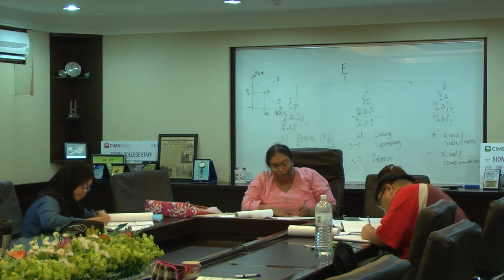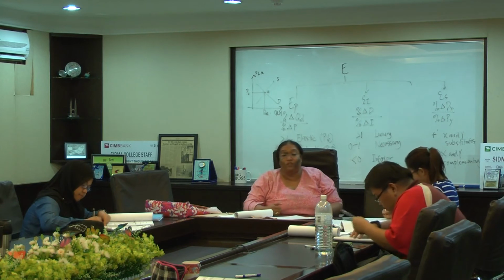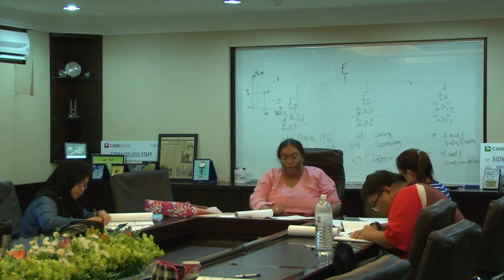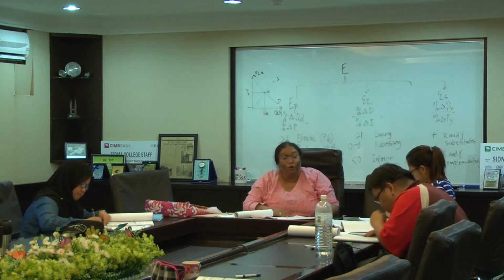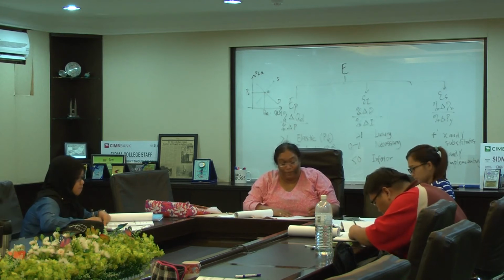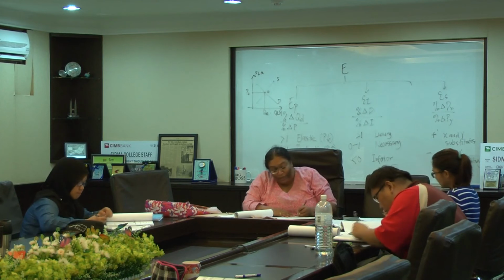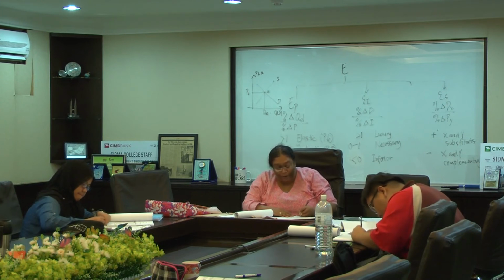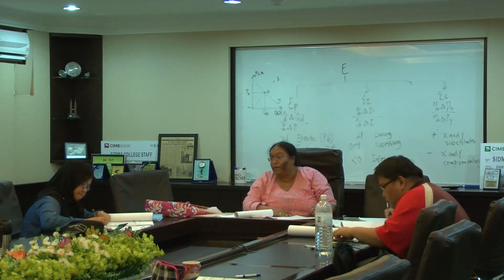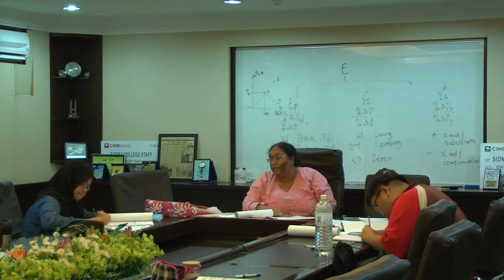Which one is more? Demand increase, right? So which quantity is more? Is it quantity demand more or quantity supplied more? Demand increase. Yeah. Quantity demand is more than quantity supply. You must write that quantity demand is more than quantity supply.